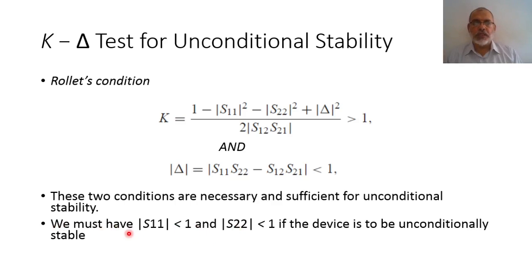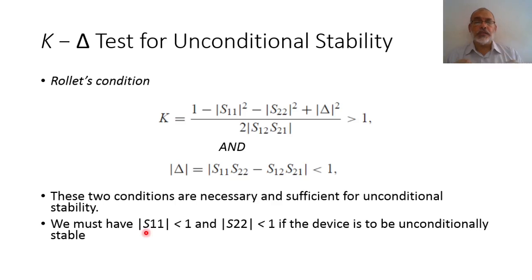If one of them is greater than unity, this means that this is a conditionally stable amplifier. Alright? So we must have the magnitude of S11 and S22 less than unity if the device is to be unconditionally stable. So before going to this test, at the beginning, look at the magnitude of S11 and S22. They must be less than unity.